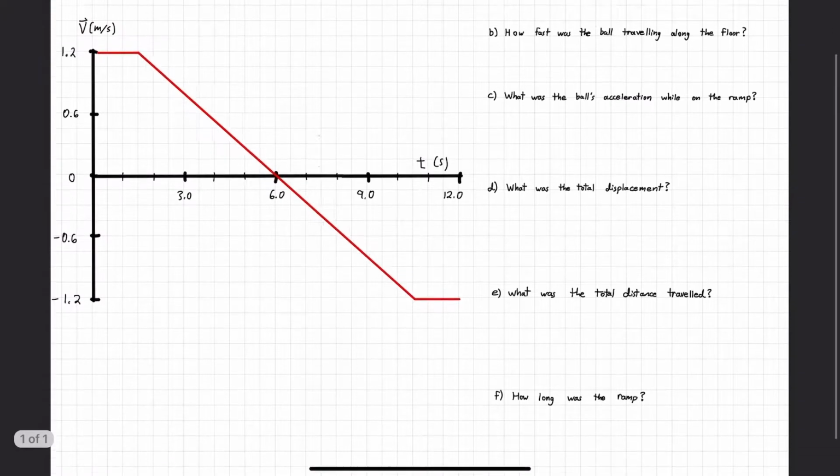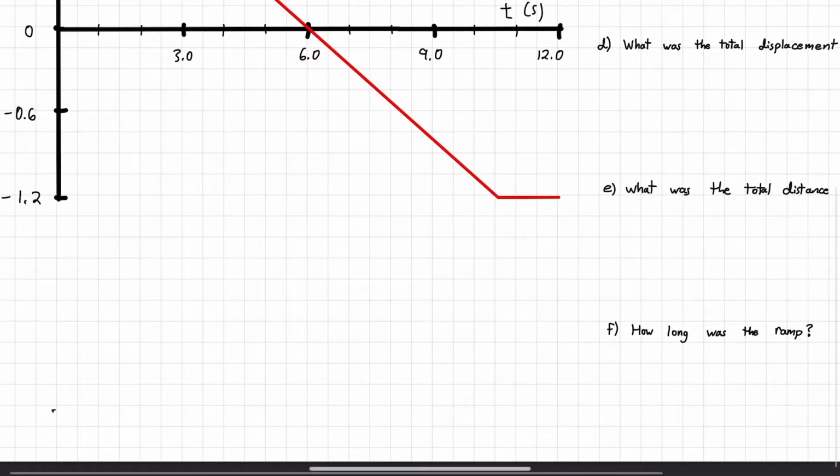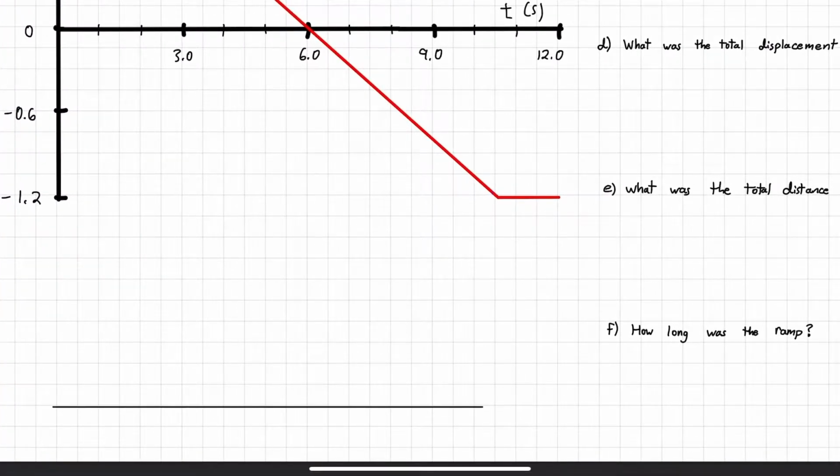So we know it's a ball rolling up a ramp. And I always recommend drawing some kind of little diagram to represent what's happening. So we've got a ball and a ramp.